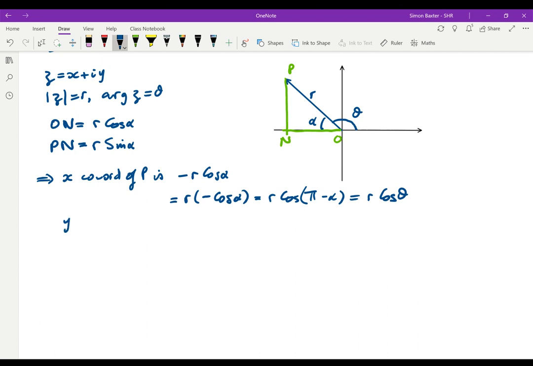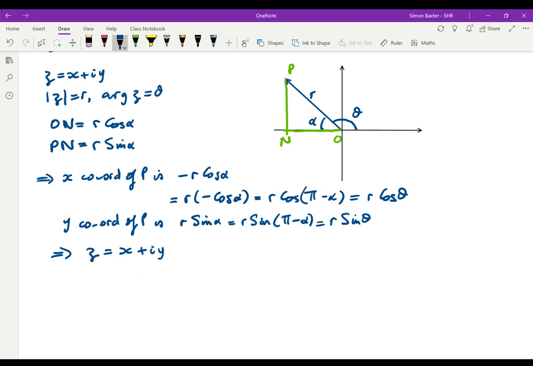The y-coordinate of P is r sine alpha, and I reminded you that that was the same as r sine of pi minus alpha, and that is just r sine theta. So we have the same result, z equals x plus iy equals r cos theta plus i sine theta. And this result is true for all values of theta.